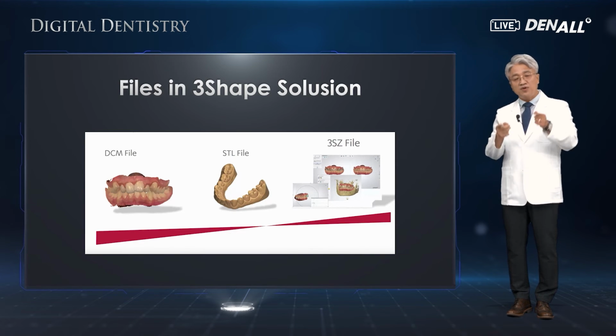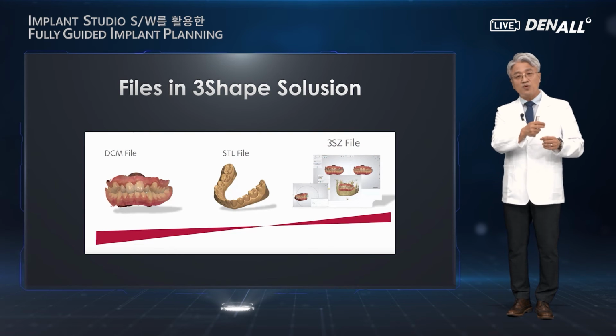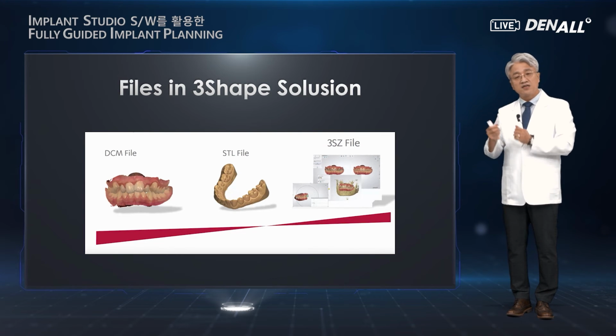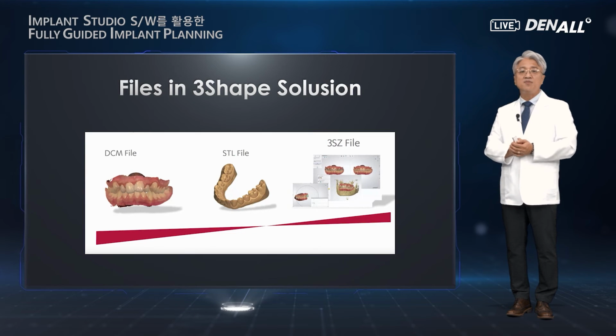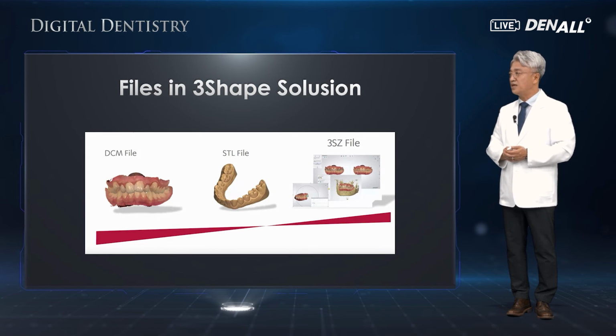If those 3 files cannot be used together, after implants are placed, the scan body or pickup impression should be taken again with the impression coping, which is cumbersome. If you use the coordinates, prosthesis can be fabricated without that step. 3Shape is the first company to provide such software and the format. So I prepared this slide to introduce that function.